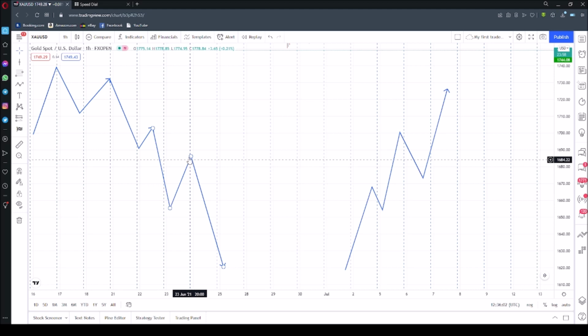The new point is anticipated at the new first lower low. So it's break of structure, creation of a new lower low, creation of a new lower high, then break of the new lower low to create another lower low, then retest of the first new lower low. So it's one, two, and your entry will be three.